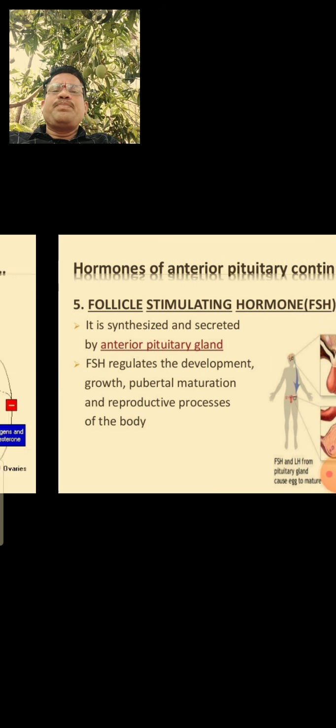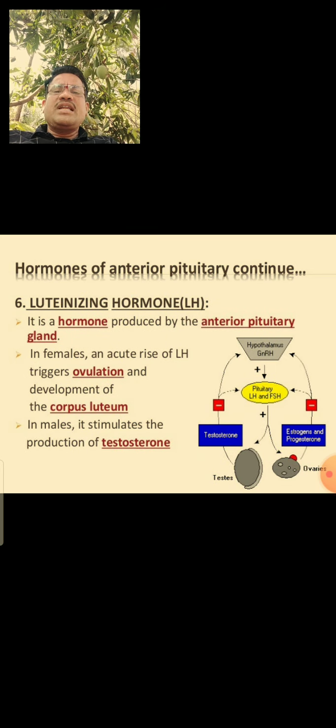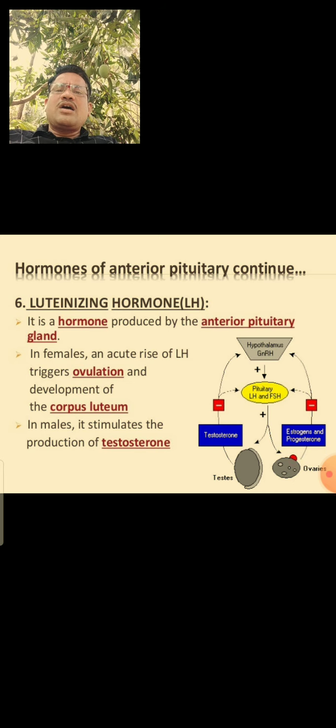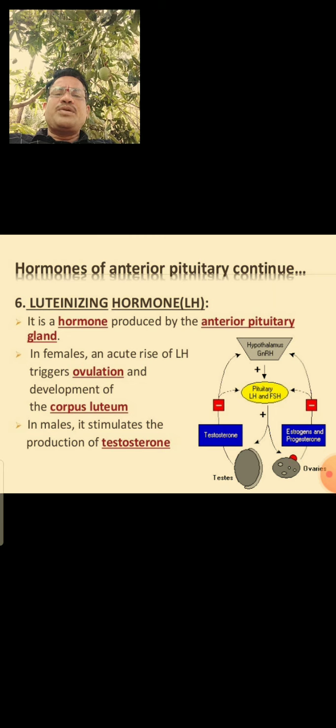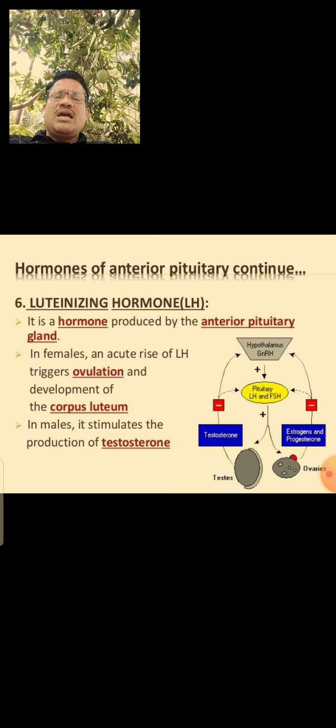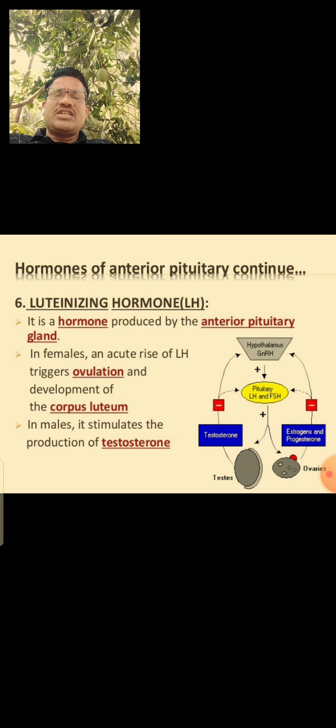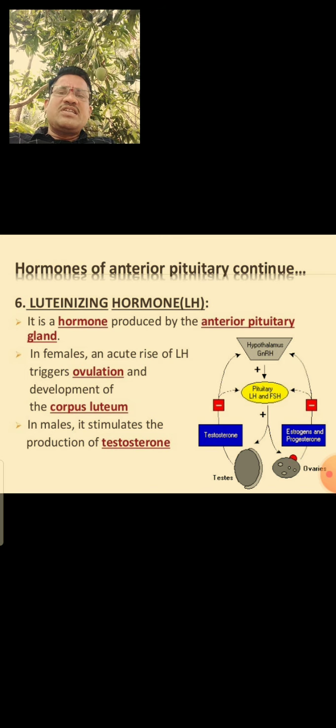Okay. Next one, luteinizing hormone, nothing but LH. It is a hormone produced by the anterior pituitary gland. In females, especially, an acute rise of luteinizing hormone triggers ovulation. Ovulation means production of eggs and development of the corpus luteum, which secretes the egg.